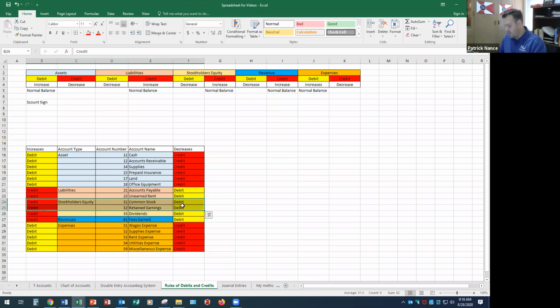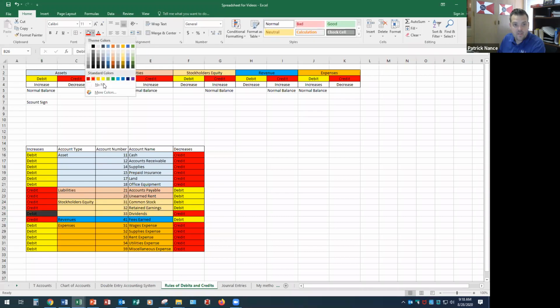The only one that I just realized I mixed up is dividends, which is actually increased with a debit and decreased with a credit. Sorry about that. I'll change my color coding too. It's an odd one out because it's in the stockholders' equity section. But a dividend is paying out money from the stockholders' equity. So when I pay out money, that should reduce it. An increase in my dividends is a decrease in my stockholders' equity because I'm paying out to my stockholders, which is why it's the opposite.